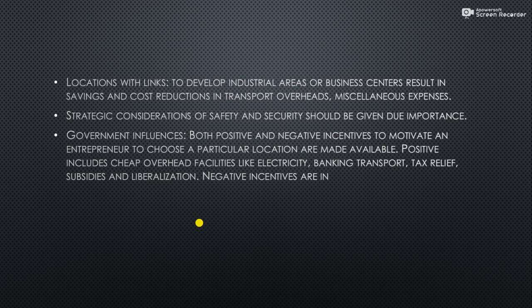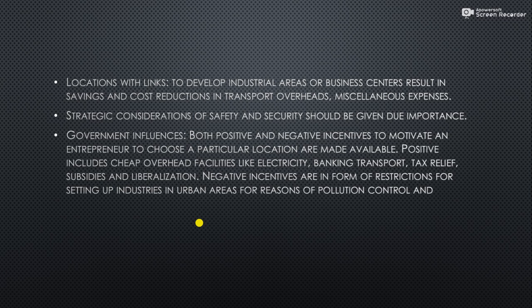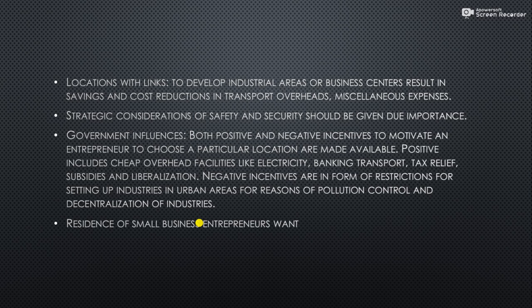Negative impacts are restrictions on setting up industries in urban areas for reasons of population control and decentralization of industry. These are a few pros and cons. Also, small business entrepreneurs want to set up nearby their homelands, so we must keep this in mind too.